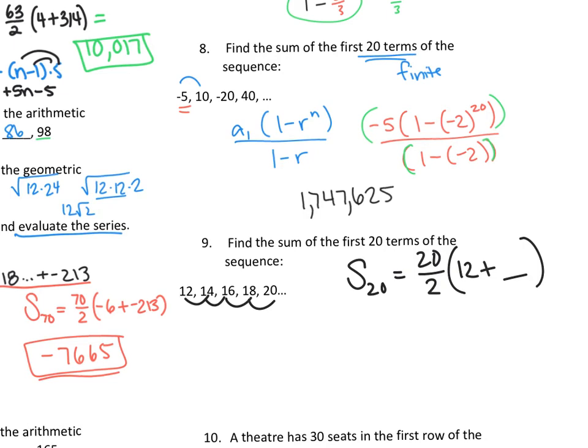To find the 20th term, I'm going to use the explicit formula. So it's 12 plus the common difference, which is 2, times 20 minus 1. Because there's 20 terms, that's the n. So that's going to give me 50. So my 20th term is 50. So that gives me a total of 620.